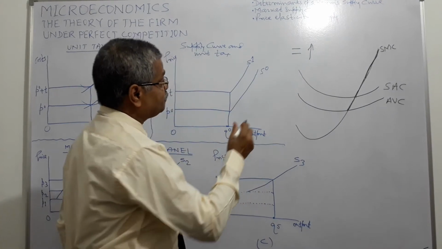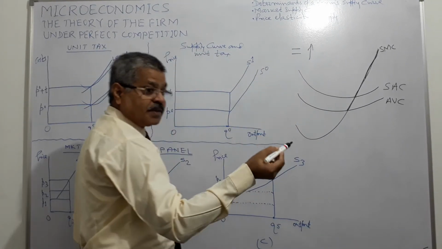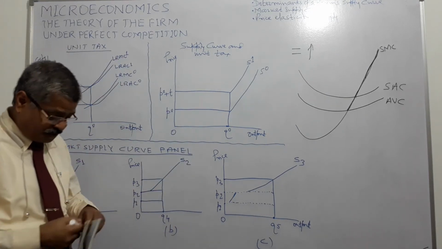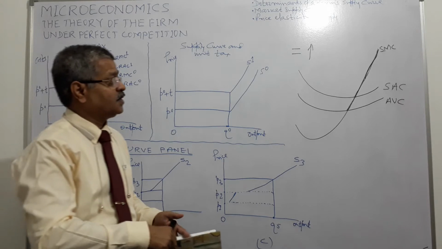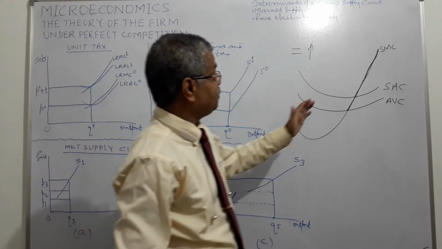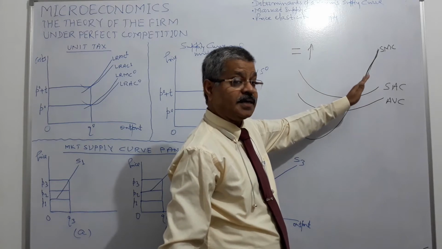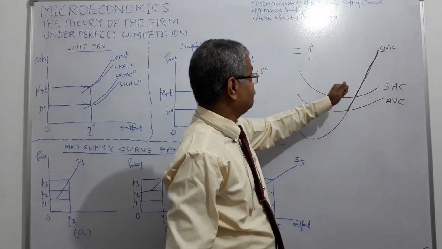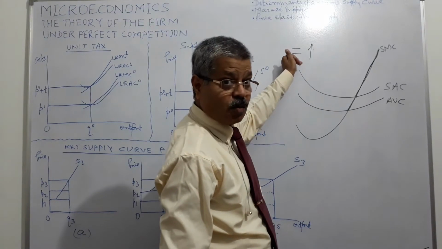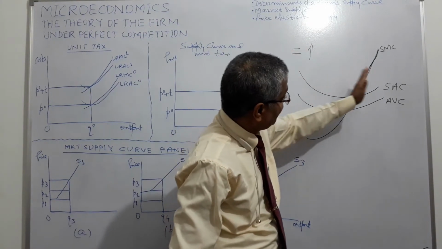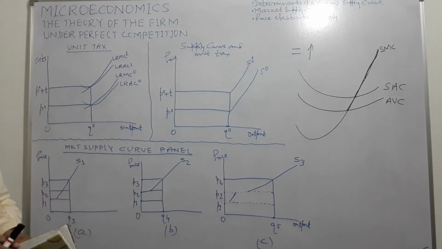It means for the same level of output, the firm needs lesser amount of inputs. So the firm is in a position to supply more at that particular price level, because SMC, marginal cost, goes down and it shifts this way.